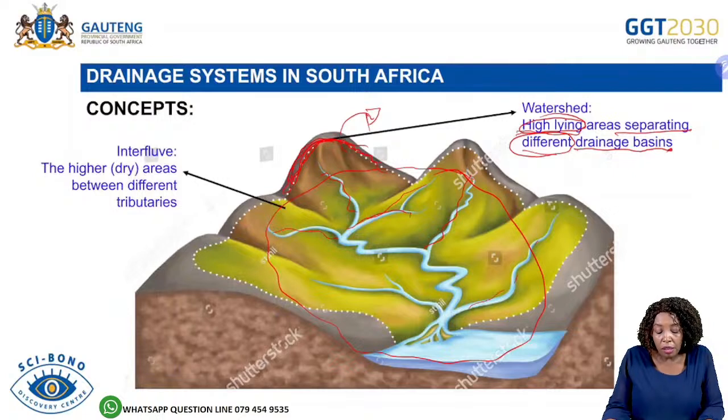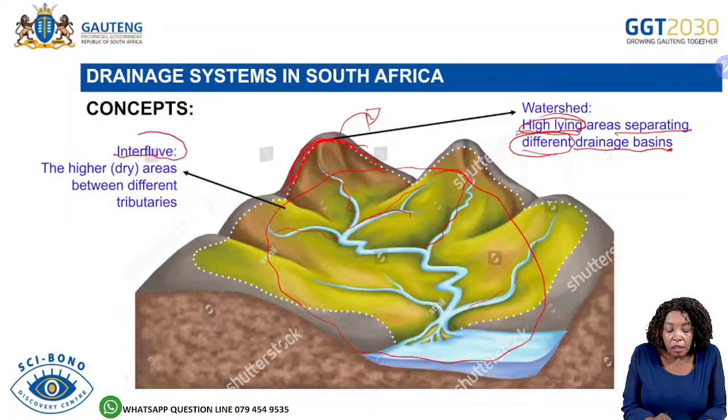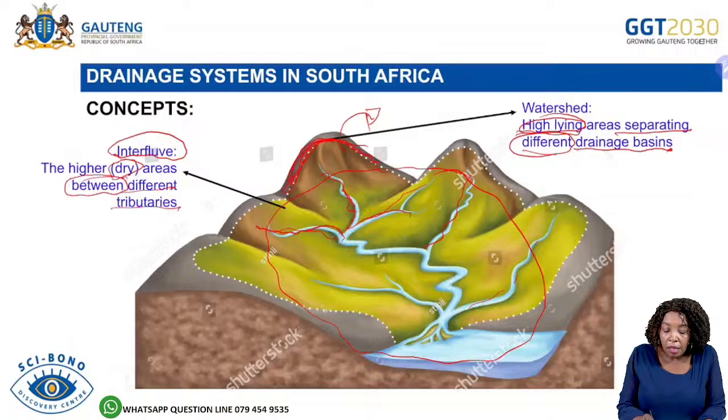And then within this diagram, what else can we identify? We can look at what an interflow is, which is the high dry patches of areas that we can find between the tributaries. So these ones now we find them between. I said to you, there is a tributary here, and then there is another tributary there. So the surface area that is dry that we can identify between the two tributaries, we refer to it as an interflow.